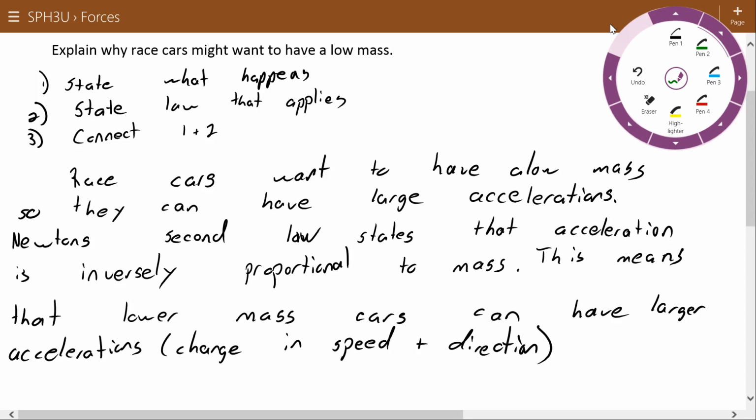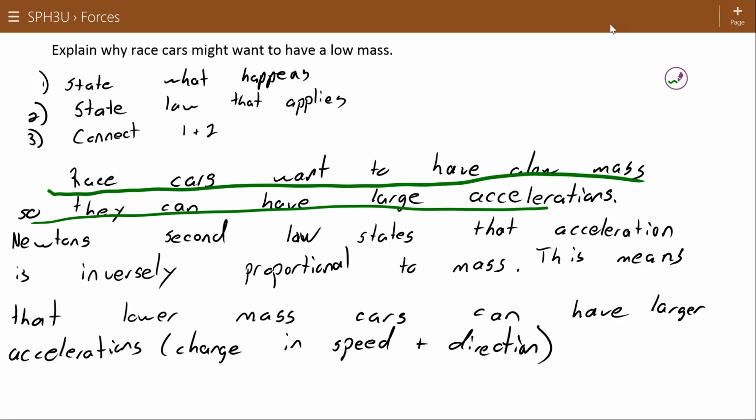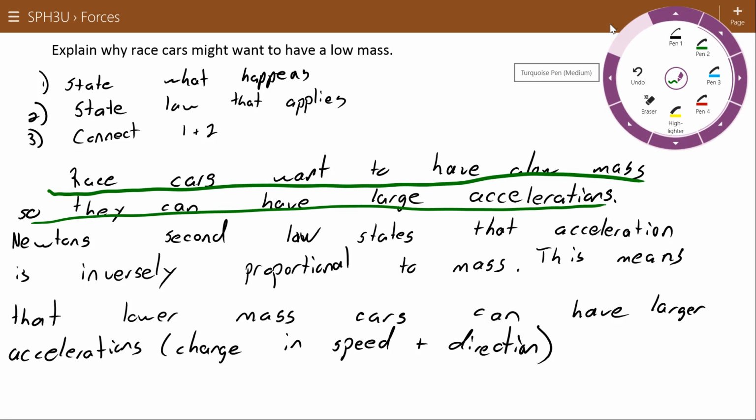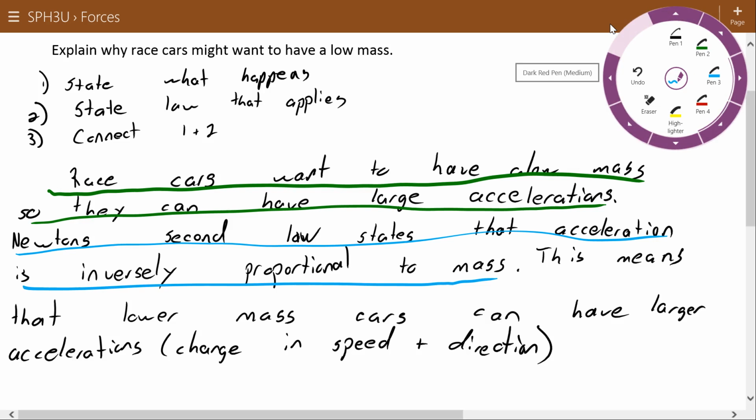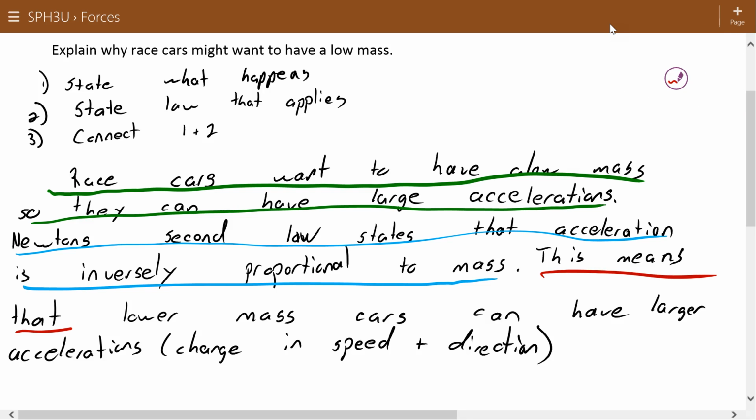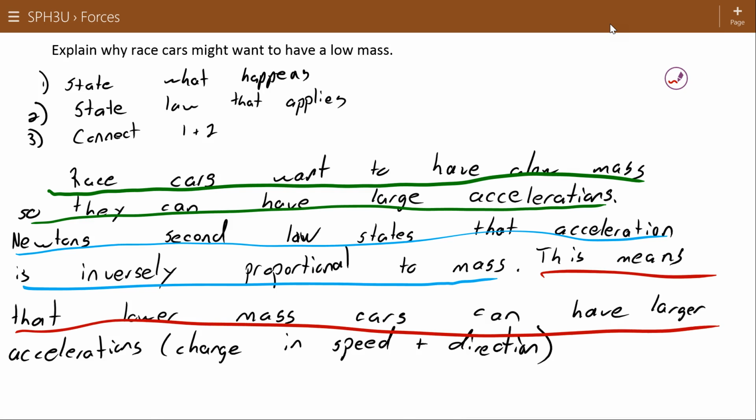So, number 1, say what's happening. Number 2, state the law. And number 3, maybe not necessary this time, but I'm being thorough. Connect what was said in the law to what was said in statement number 1.